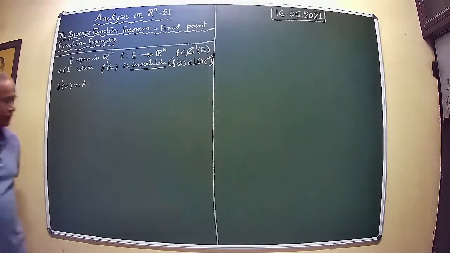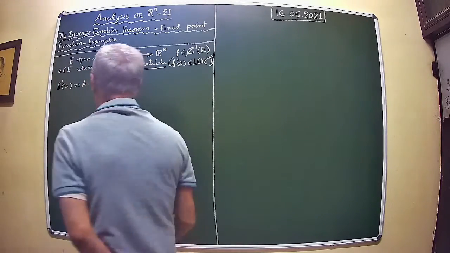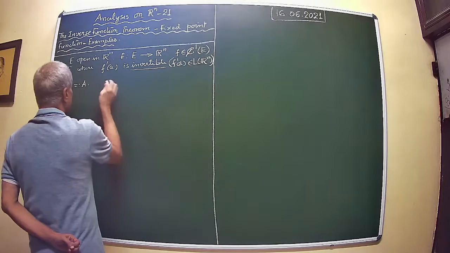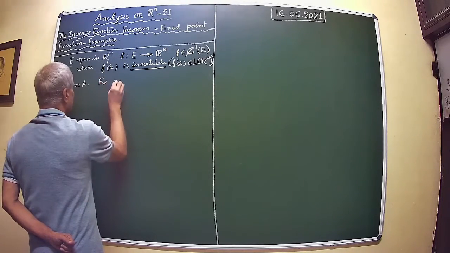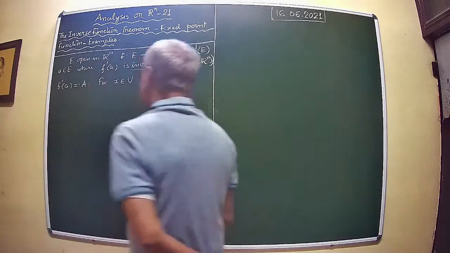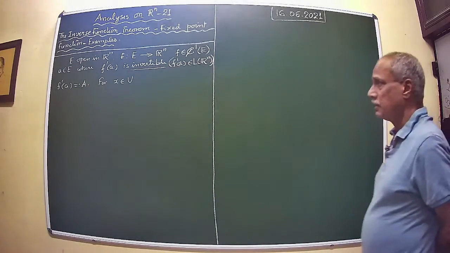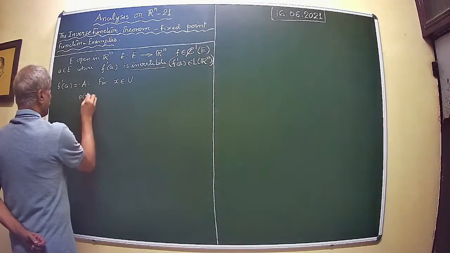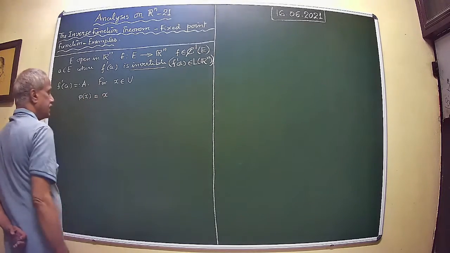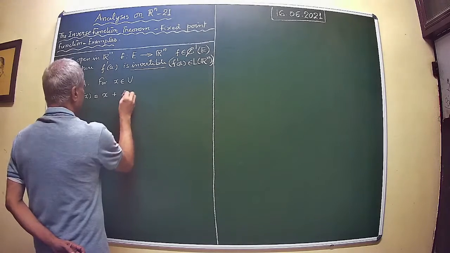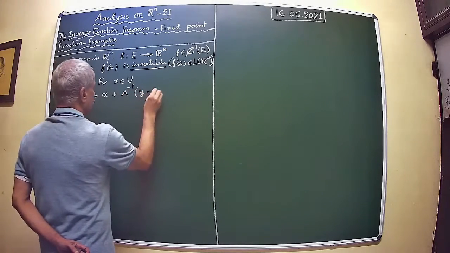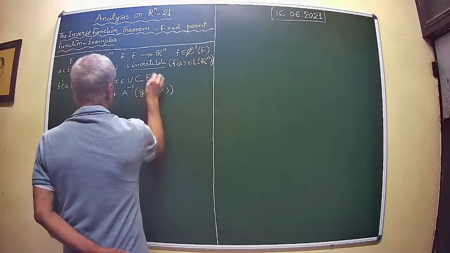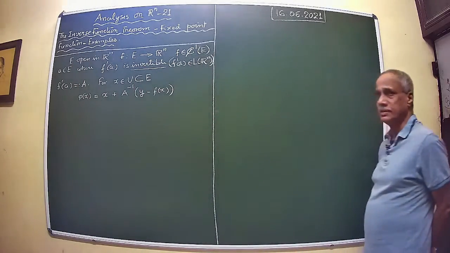We defined it as phi x equal to, with U an open set that was defined from that, phi x defined by x plus A inverse of y minus f x. This was the definition.